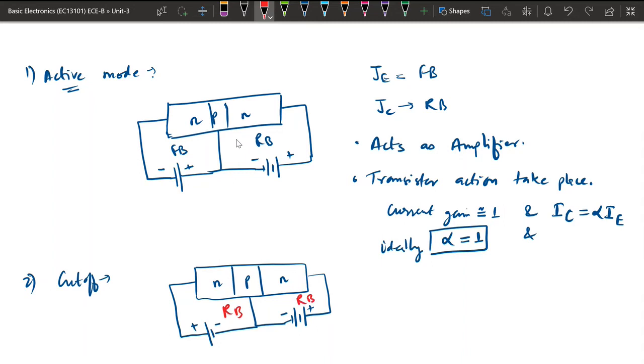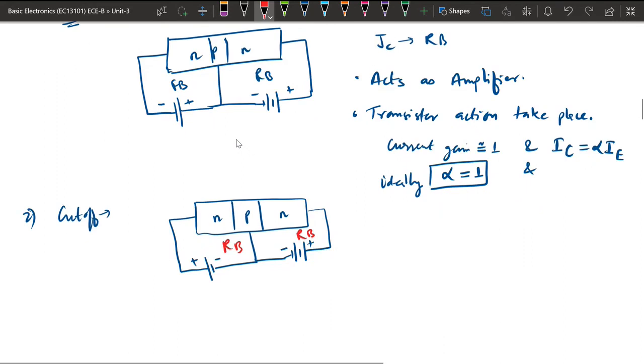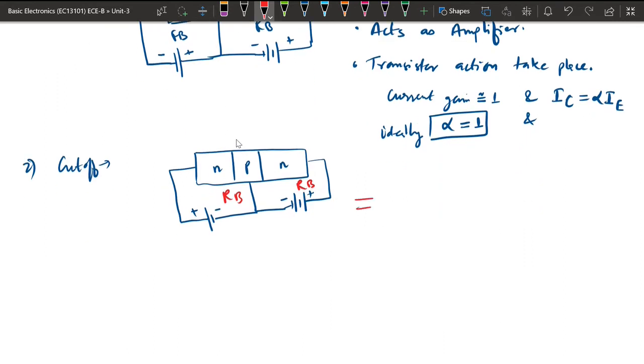When both the junctions are reverse bias, I've considered only this diode first. If this diode is reverse bias, it will behave like an open circuit, and this diode is also reverse bias, so it also behaves like an open circuit. So overall its equivalent circuit is an open circuit if it is operating in cutoff mode.